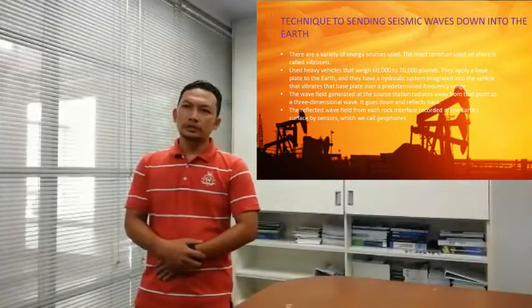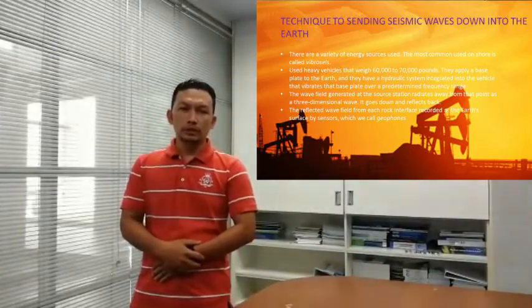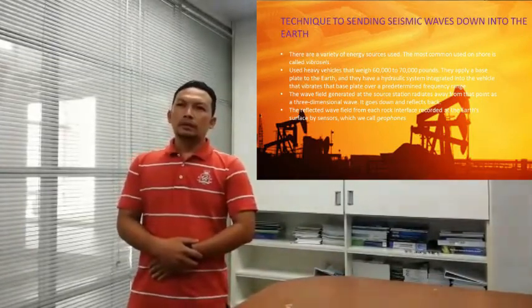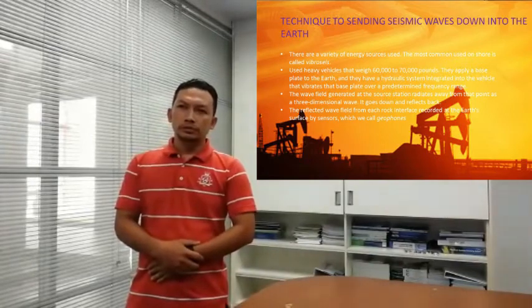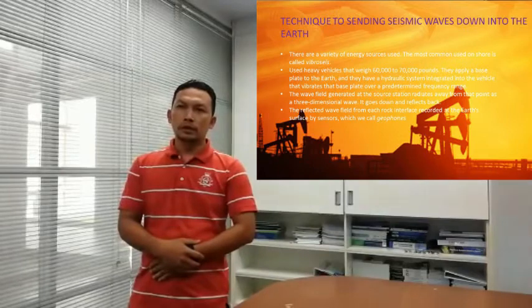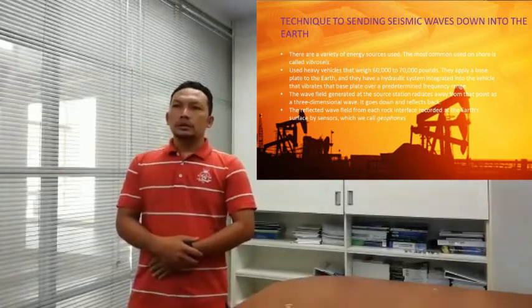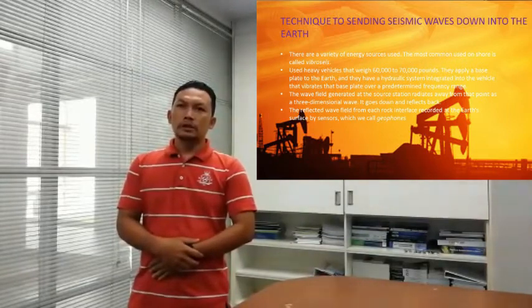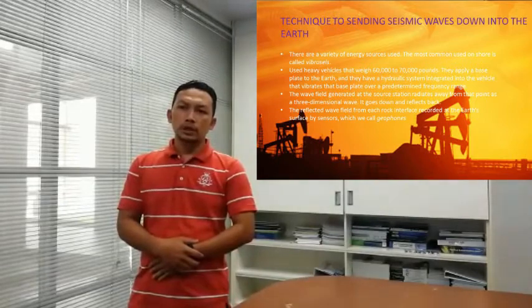Techniques for sending seismic waves down into the Earth: there is a variety of energy sources used. The most common one used onshore is called vibroseis. They are very large heavy vehicles that weigh 60,000 to 70,000 pounds.